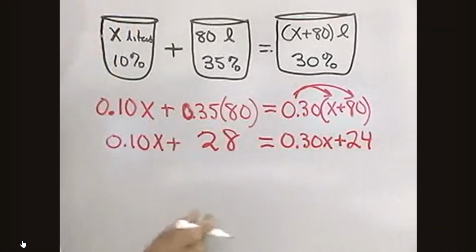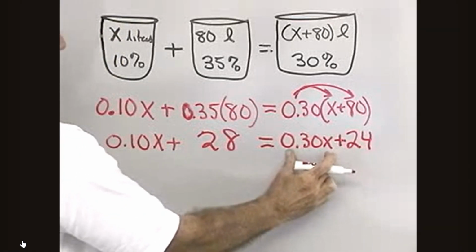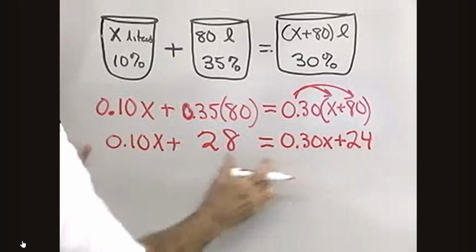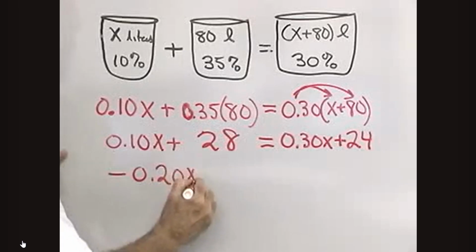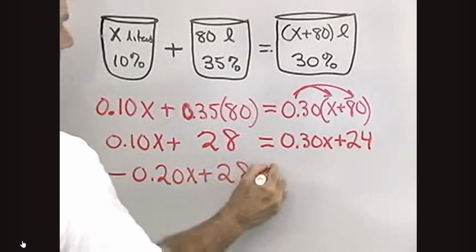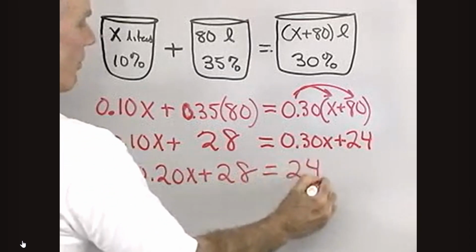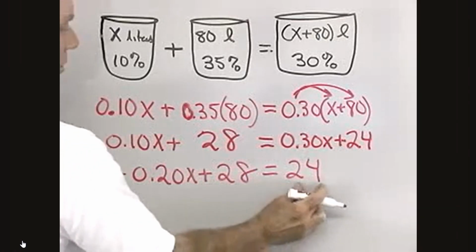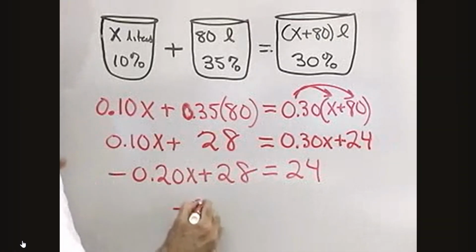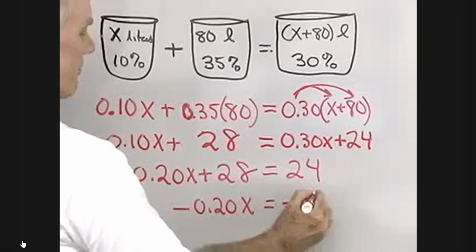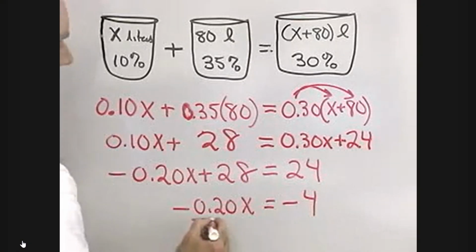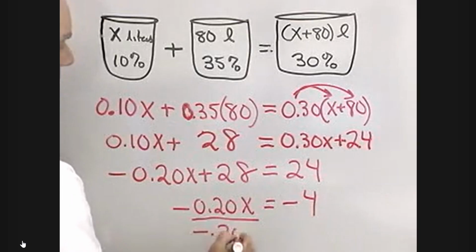Okay, let's take a look here. I'm going to add negative 0.30x to each side, so I get negative 0.20x plus 28 is equal to 24. I'll add negative 28 to both sides and get negative 0.20x is equal to negative 4. Then I'll divide both sides by negative 0.20.